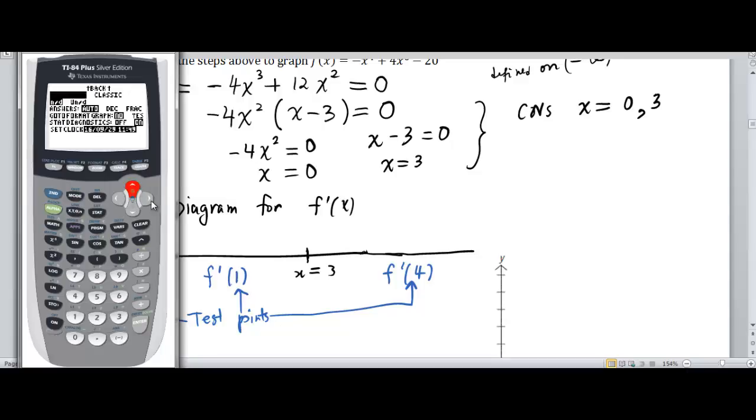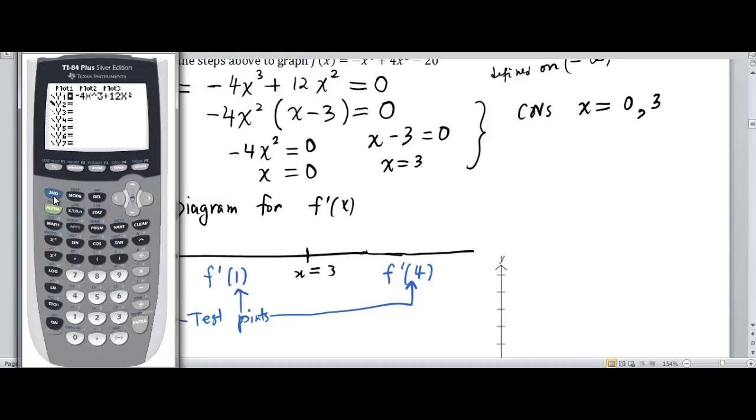Let me change the settings so that it looks like the calculator that some of you have. So let's do y equals negative 4x cubed plus 12x squared. Okay, that's what you'll see.